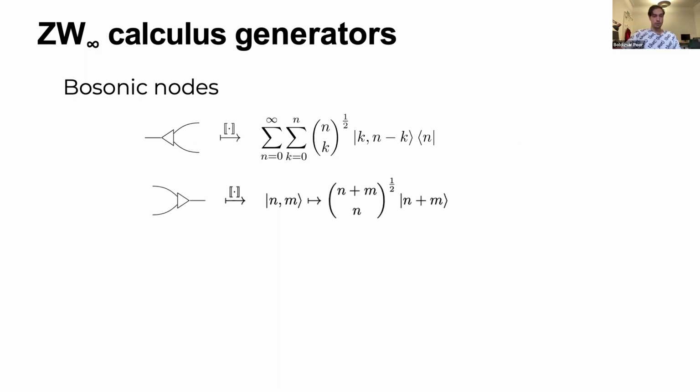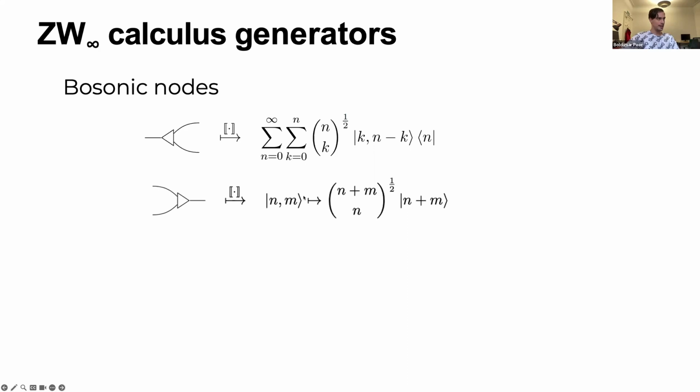And then we now also have bosonic nodes. This one is called the split, and this is the merge, because if something comes in, it splits it, and this one merges it. And this is the generator that corresponds to the qudit X spider. And why? Let's look at the merge map.